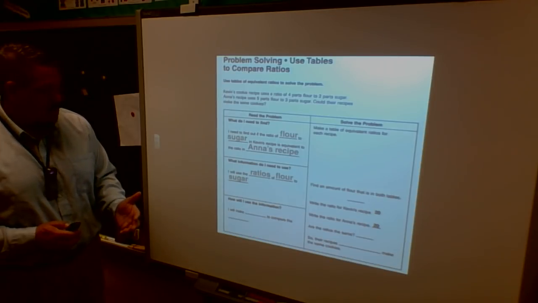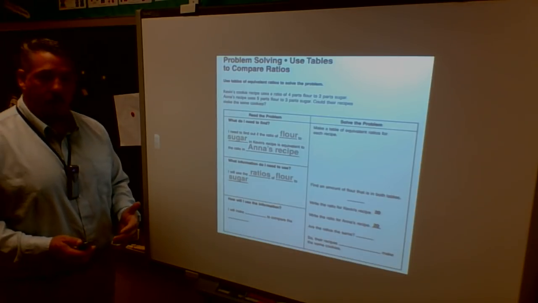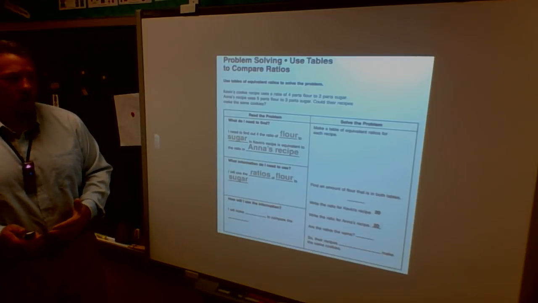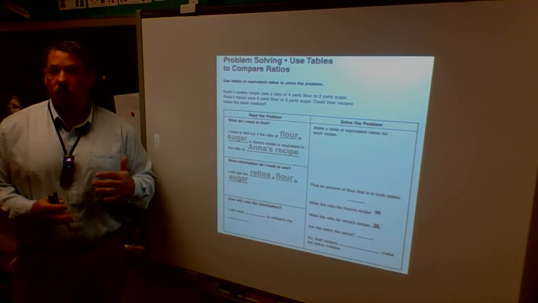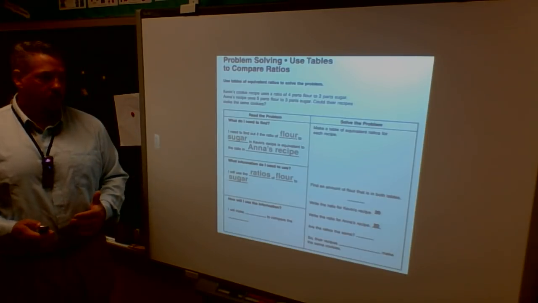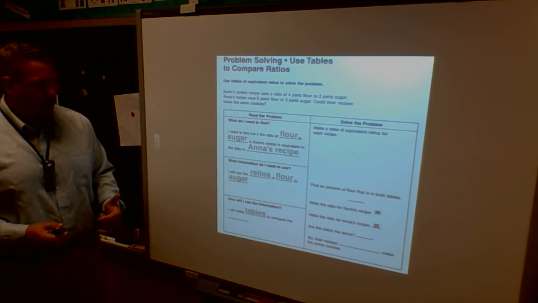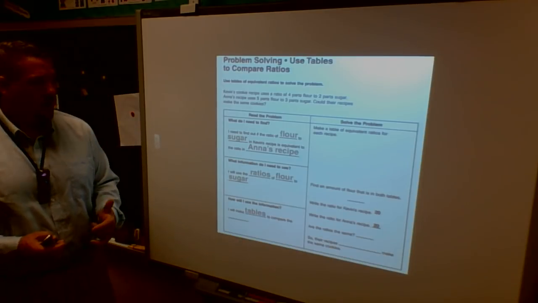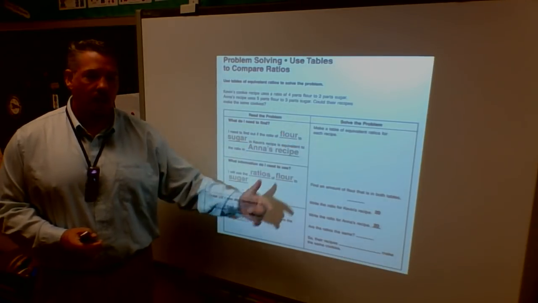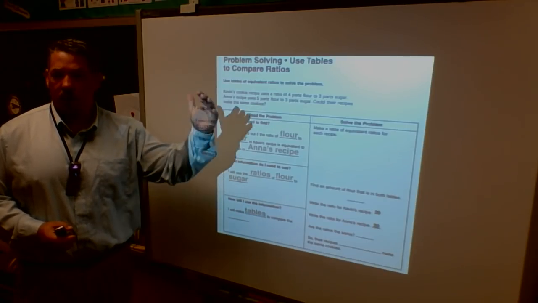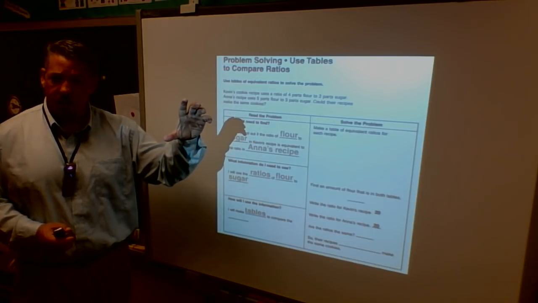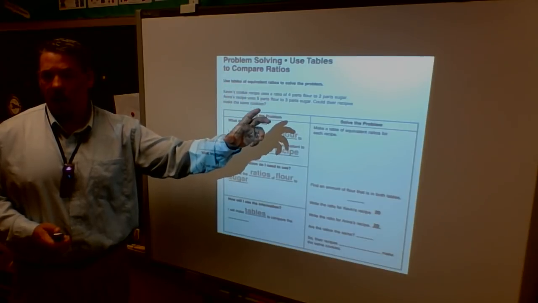How do I use that information? I will make blank to compare the blank. What we talked about in the previous video was finding if things were equivalent or not. If I make them equivalent, then I would be able to prove that they're correct. And on your paper, I left these tables that it's talking about. These tables tell me what the equivalent ratios are for that particular ratio, and then I see if I find one that matches.